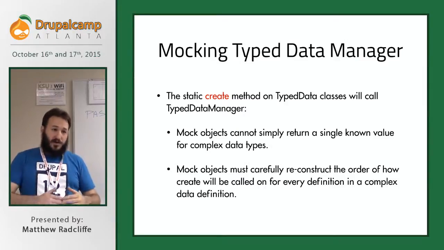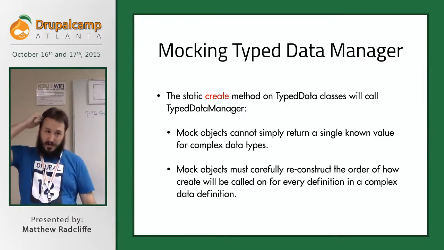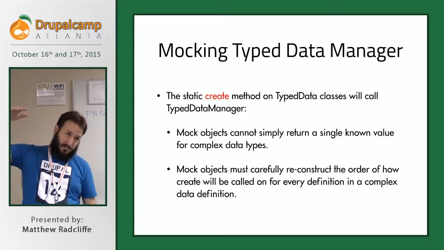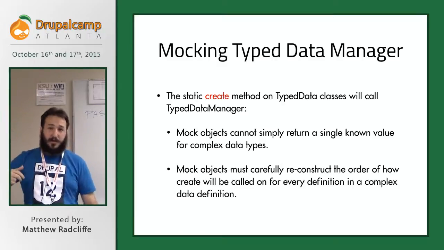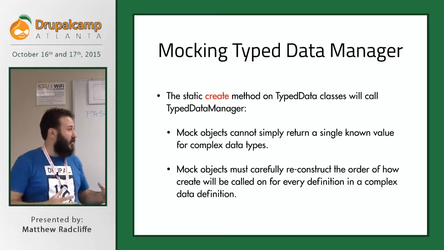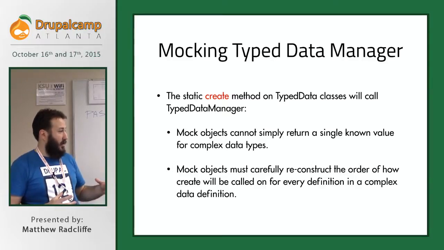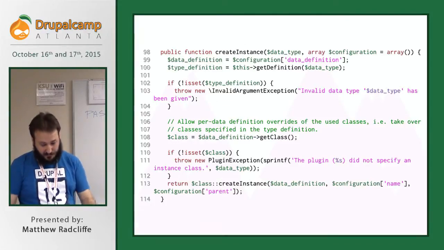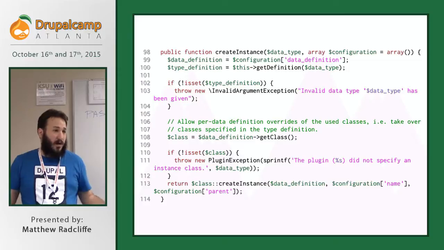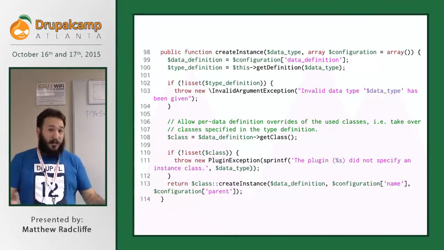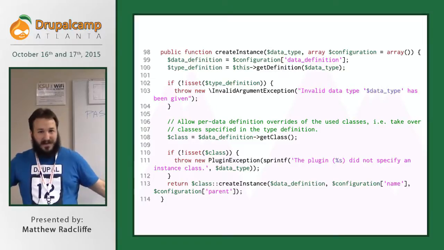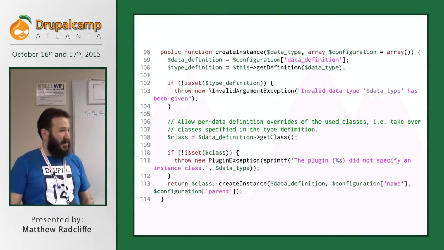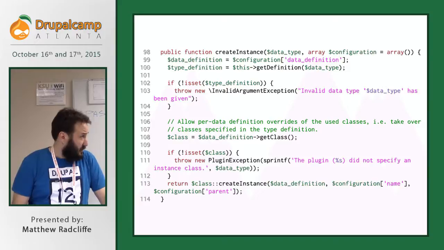I have to construct the order or use return value map in PHPUnit, which is a helpful method to return multiple values. So you have to carefully construct how your tests are written when you're mocking. And again, complex data mocking in a unit test is a sign of something that needs to be re-architected.